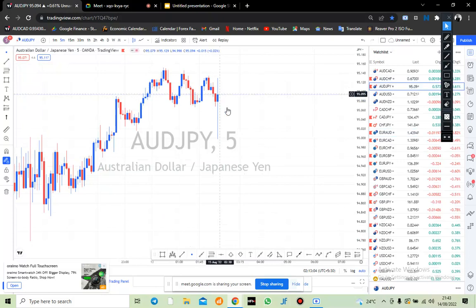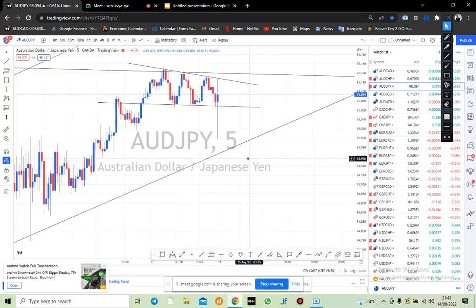So when the price breaks to the downside, that is when you can validate that this is a rising wedge. So in the meantime, don't do anything. Wait for maybe the breakout to the downside to confirm that this is a rising wedge pattern. A rising wedge pattern is a bearish reversal pattern, while a falling wedge pattern is a bullish reversal pattern.